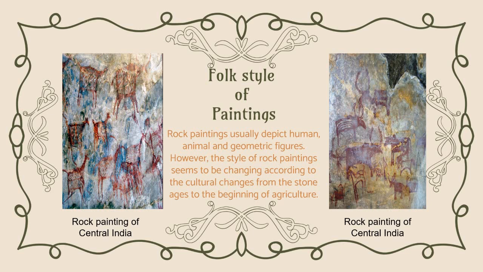The change is visible in the depiction of flora and fauna, or it may be evident in the style of portraying various figures and also in the colors that were used. Black, red, and white colors were used in the rock paintings, which were made from natural substances.